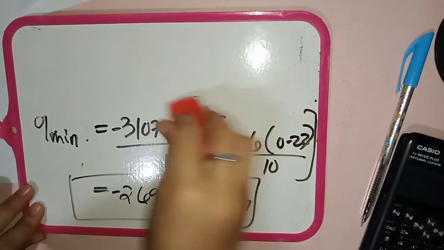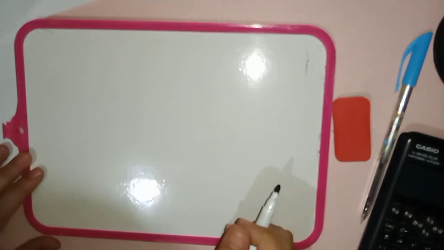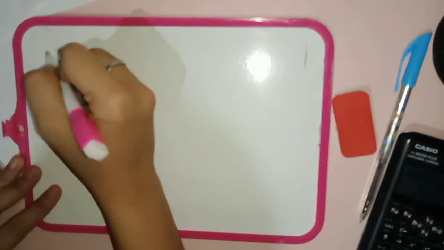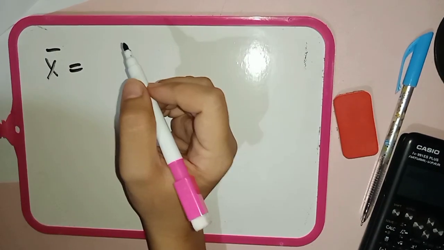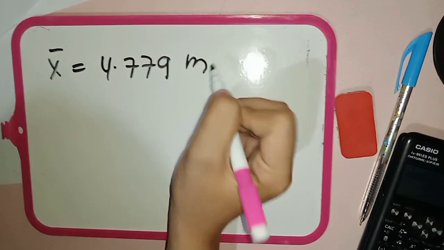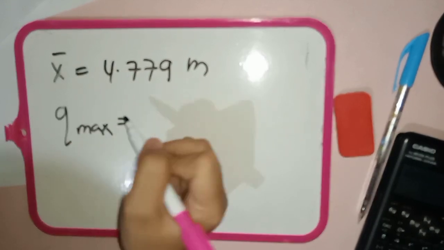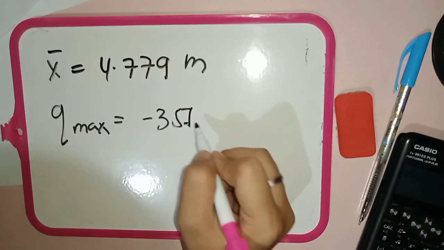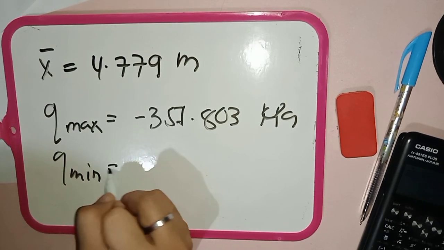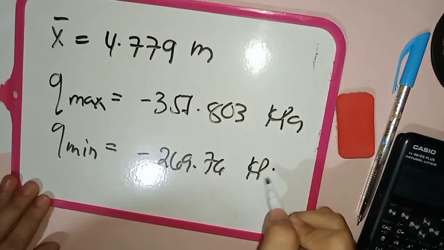So in conclusion, for problem number 1, where uplift is not considered, the bar x answer is 4.779 meters, the q max is negative 351.803 kPa, and our q min is negative 269.76 kPa.